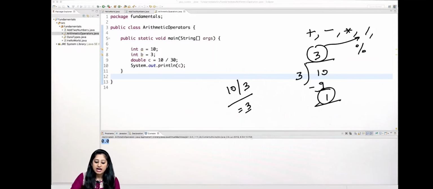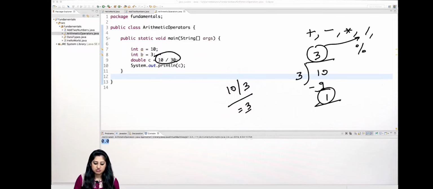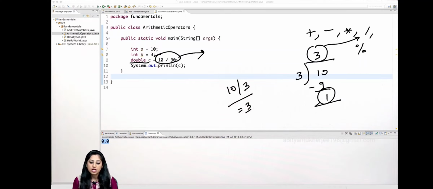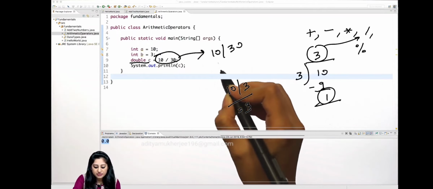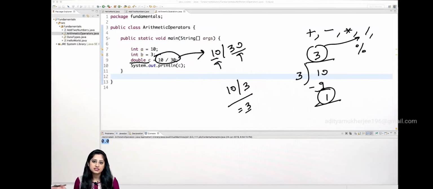Just make sure that at the time of calculation, when you have a statement like this, this is the right hand side, this is the left hand side, right? The right hand side is solved first. So while this expression is being evaluated, it will check the type of the operands involved in the operation. 10 and 30 are the operands, and the operator is divide, right?